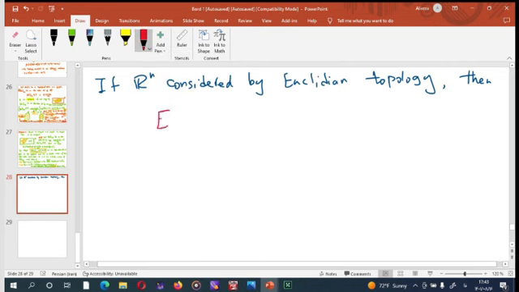E as a subset of Rn is compact if and only if E is bounded and closed, and E is closed.